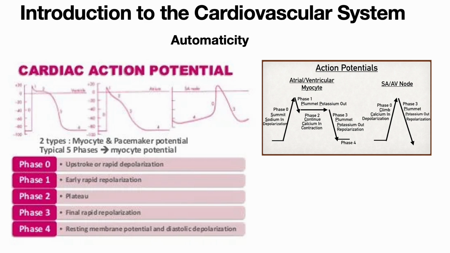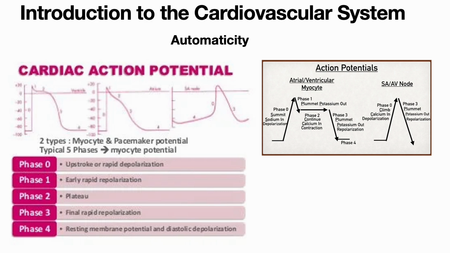Phase 3 is final rapid repolarization. This is a period of rapid repolarization as the gates are closed and potassium rapidly moves out of the cell.